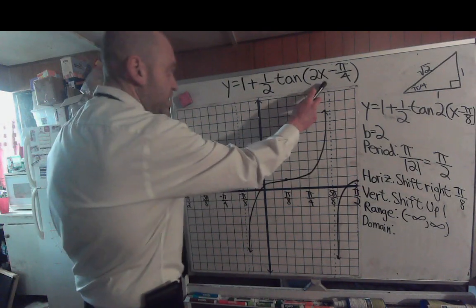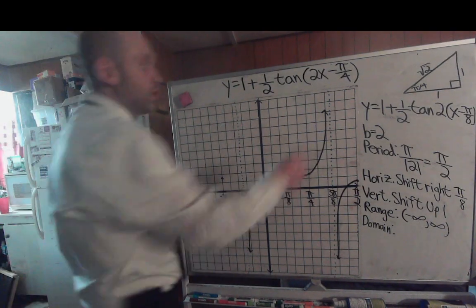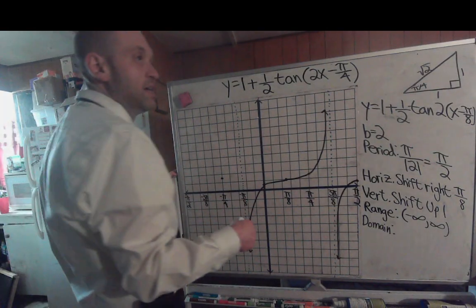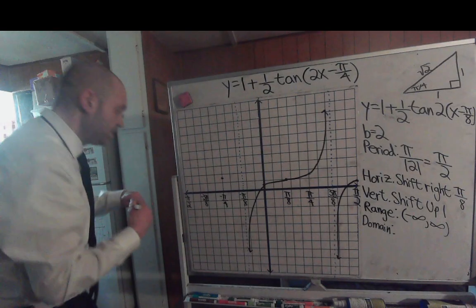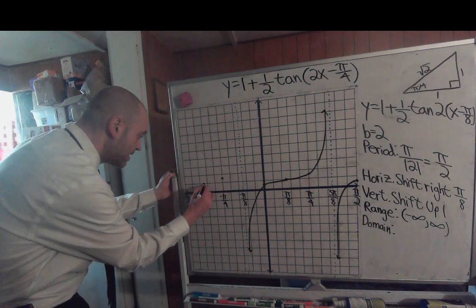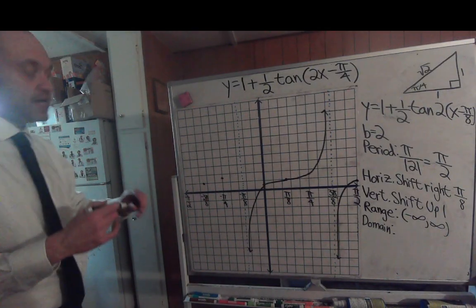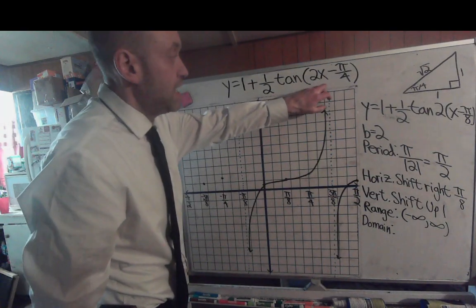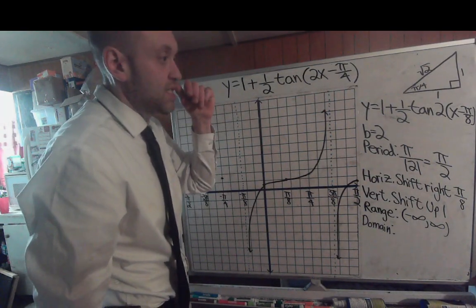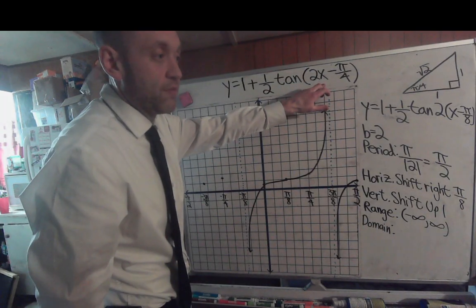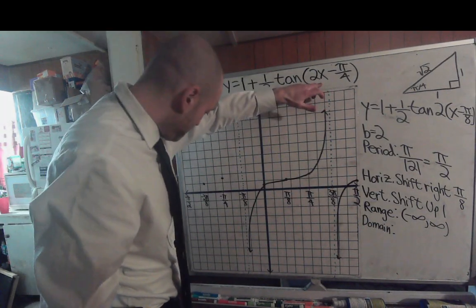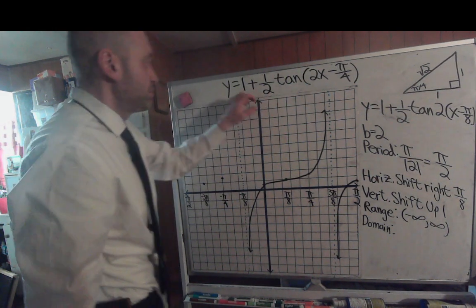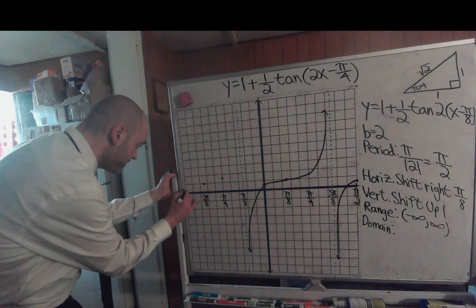That would give me the tangent of negative 3 pi over 4 minus pi over 4. So that's the tangent of negative pi, which is 0, plus 1 would actually give me 1. Then for negative pi over 2, that's going to be the tangent of negative pi minus pi over 4. So that's the tangent of negative 5 pi over 4, which is negative 1, times the half is negative 1/2, plus 1, that's just 1/2.